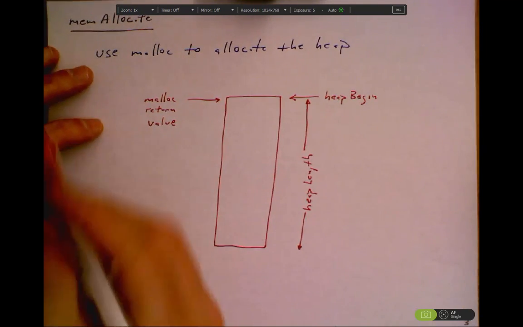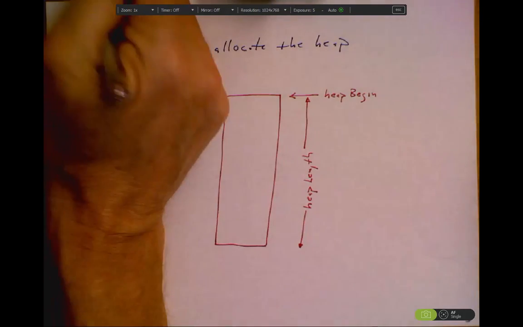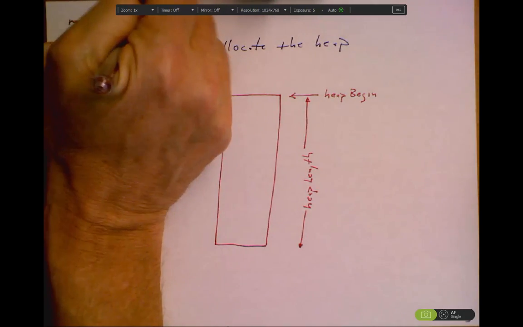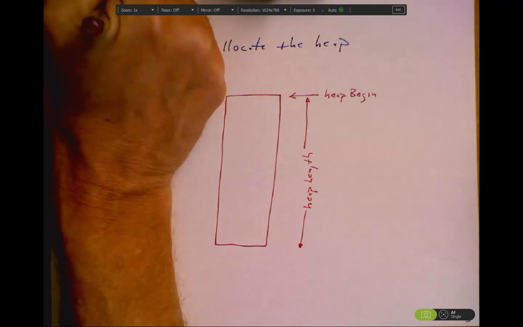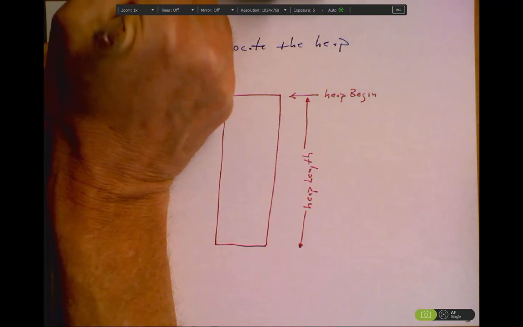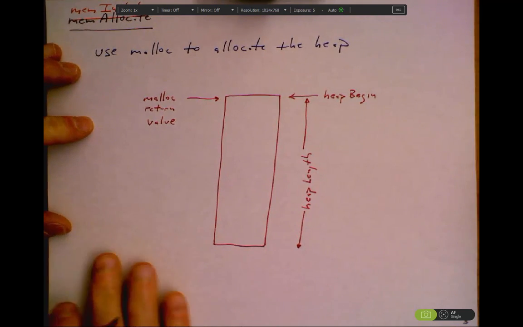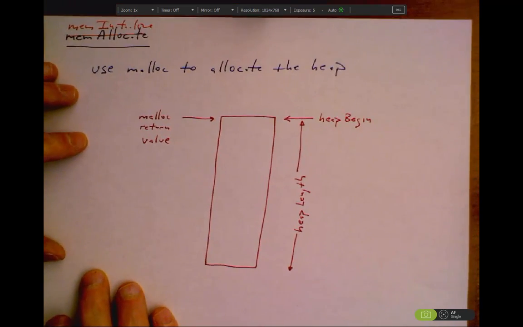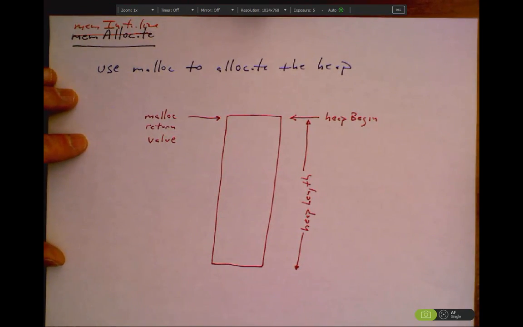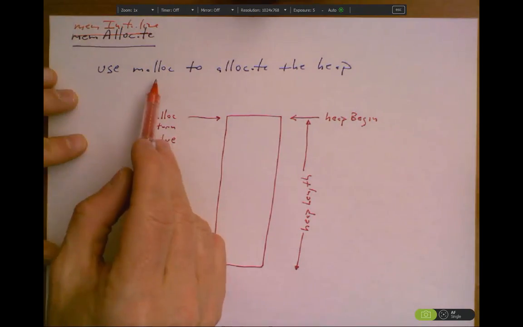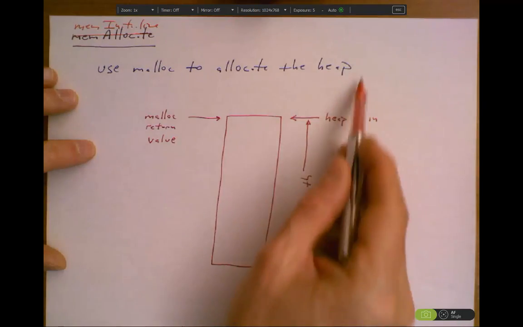Right off the bat I can see there's a handwritten typo on this slide. What I meant here was mem initialize. What's the functionality of mem initialize? Again, I'm given a heap size, and so I probably would use malloc to actually allocate the space for that heap.